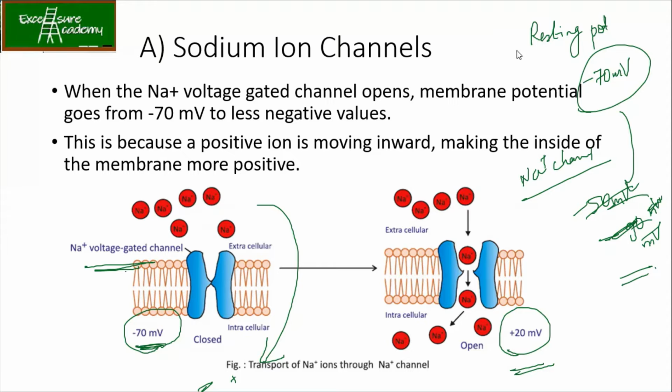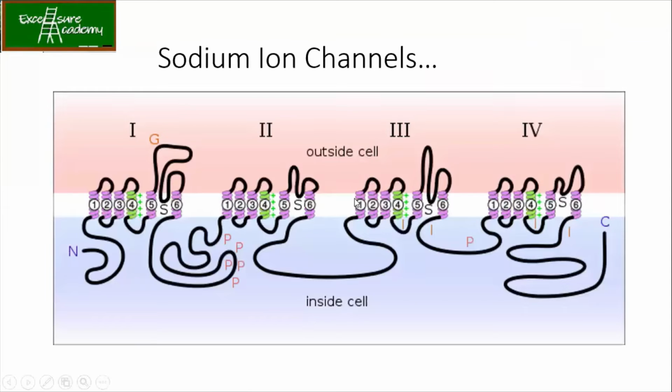Now, this is how your sodium ion channels look. We have divided it into four, but eventually you have to understand that these are not four separate parts, they are clustered together. Each domain, so 4 domains are there, each domain has 6 helices.